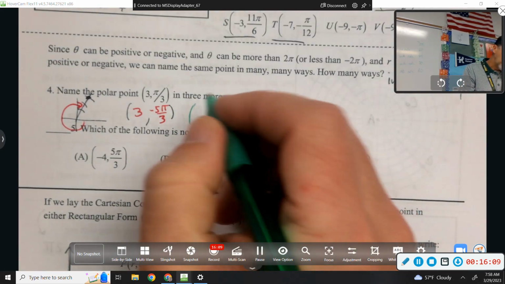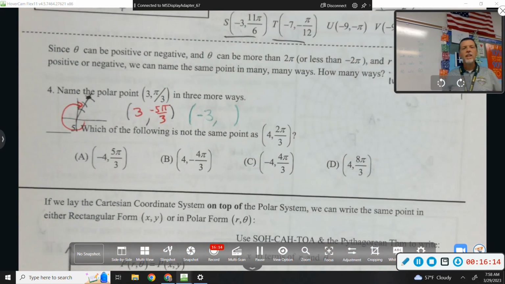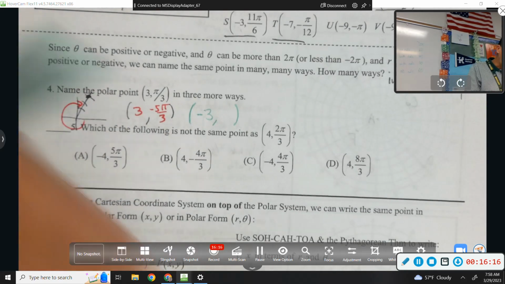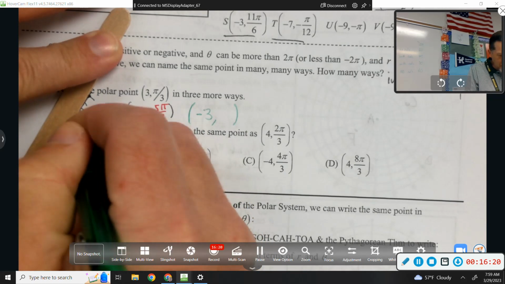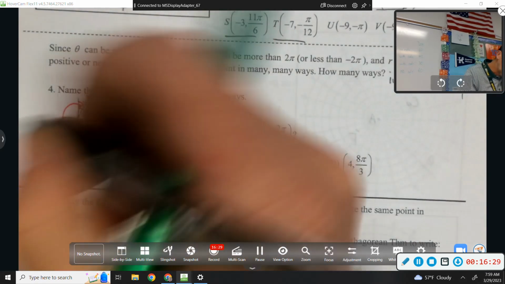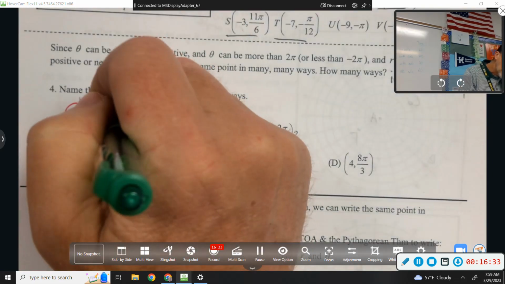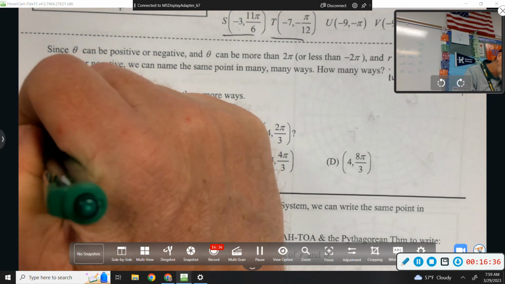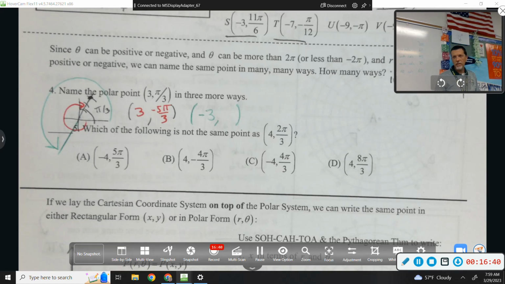Now, if I wanted to get tricky and use a negative 3, that means I would need to land on the opposite side so that the negative would send me back into the first quadrant. This is kind of weird. So if this angle is pi over 3, what is this angle? 4 pi over 3, because it's pi away.